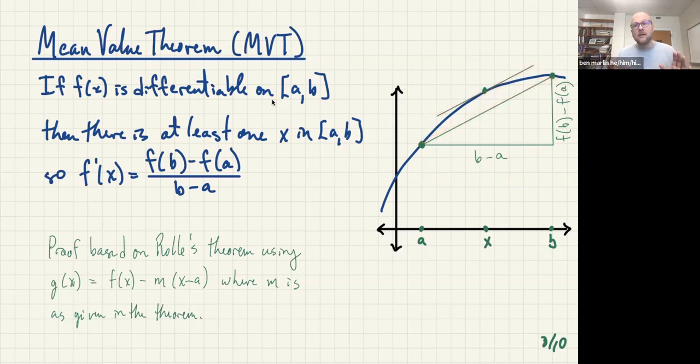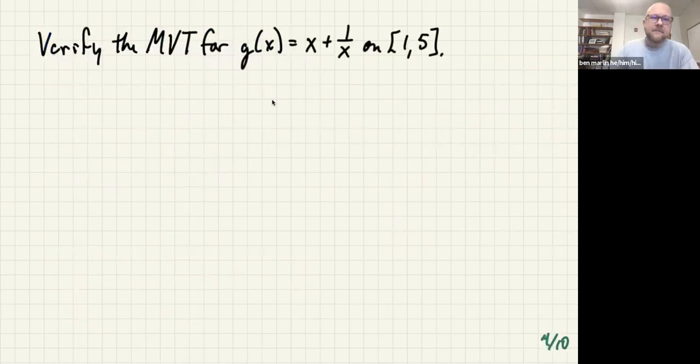So somewhere there's going to be a place where those are parallel. And that turns out to be somewhat important to a proof later on of the fundamental theorem of calculus, which we don't get to in this class, but it's good for you to have that information for later.